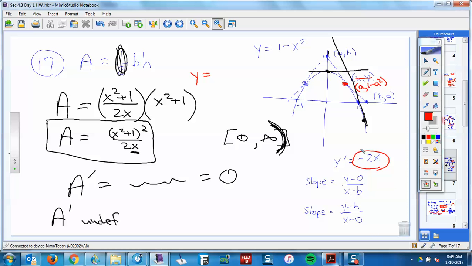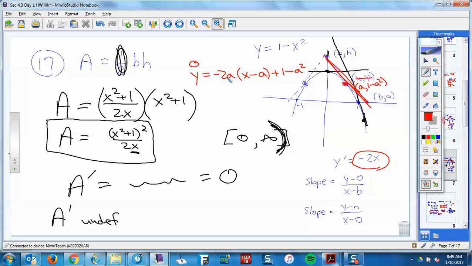And they put an a in there, so that's negative 2a, times x minus the x coordinate, which is a, plus the y coordinate, which is 1 minus a squared. Right? So they wrote that as this red line right here. Then they said, okay, where does that cross the x-axis? So they set that equal to 0.